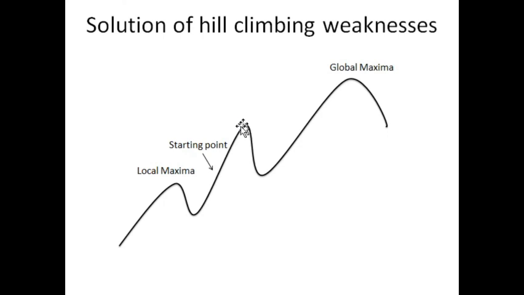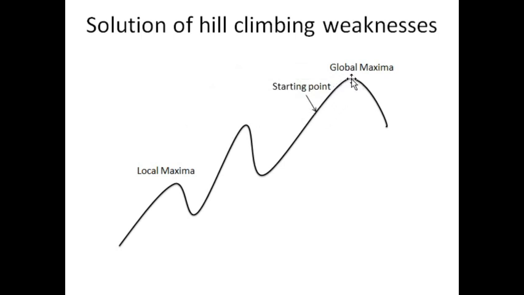So that is another local maxima, but this local maxima is better than the previous local maxima. In the same way, I generate a random number again, and I get a new random number whose location is here.